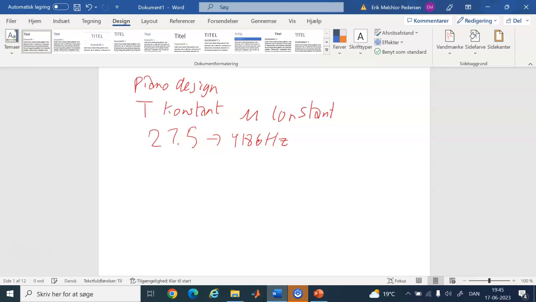So this ratio is about 152, the same as L for low frequencies divided by L for high frequencies. So a string of 10 centimeters goes to be 15 meters.